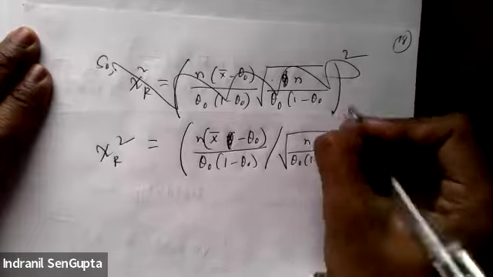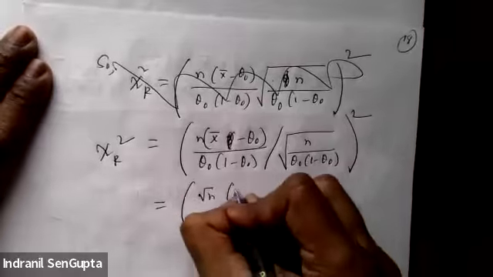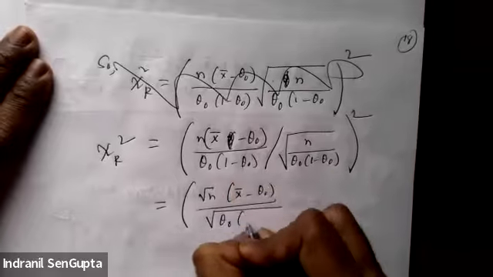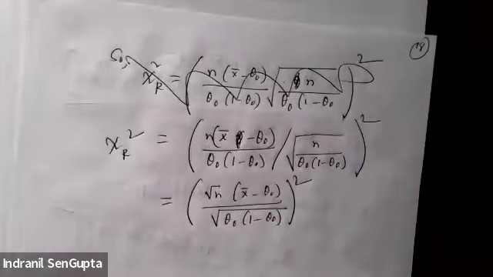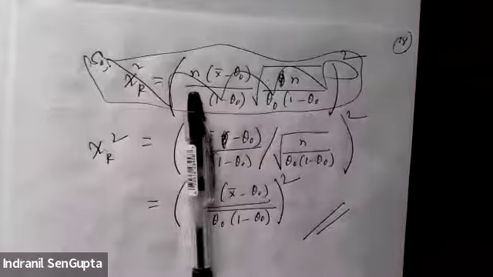And if you simplify this, it's square root of n times x bar minus theta 0, over square root of theta 0 times 1 minus theta 0, and then the whole thing squared. So this is Rao's test statistic.